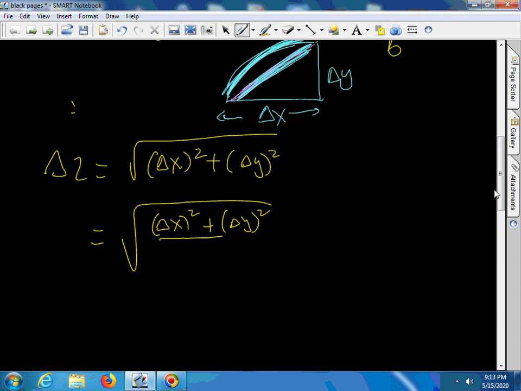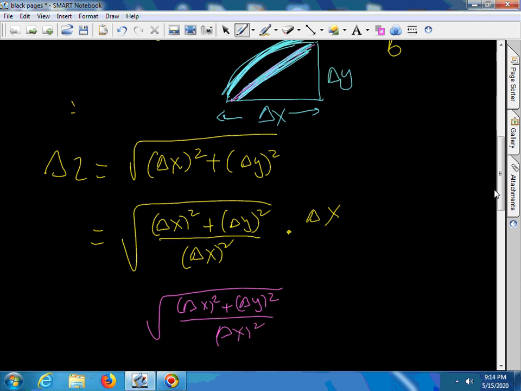Now out of nowhere, I am going to divide by delta x squared inside the radical. Out here, I'm going to multiply by delta x. Just remember, I'm really supposed to divide the inside by delta x squared, so I multiply by delta x squared outside.